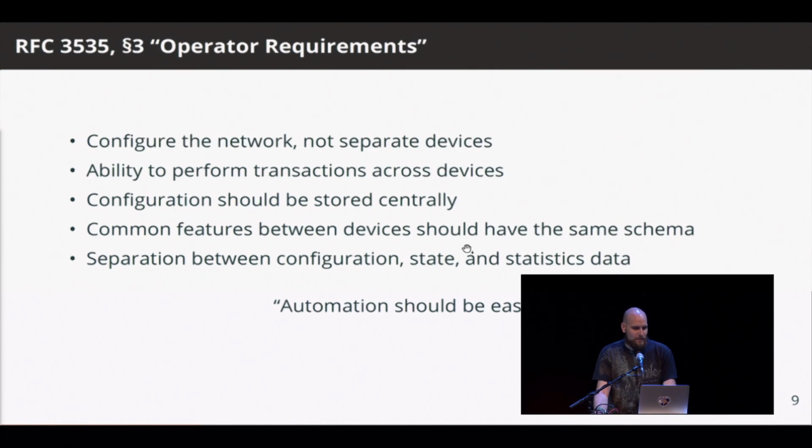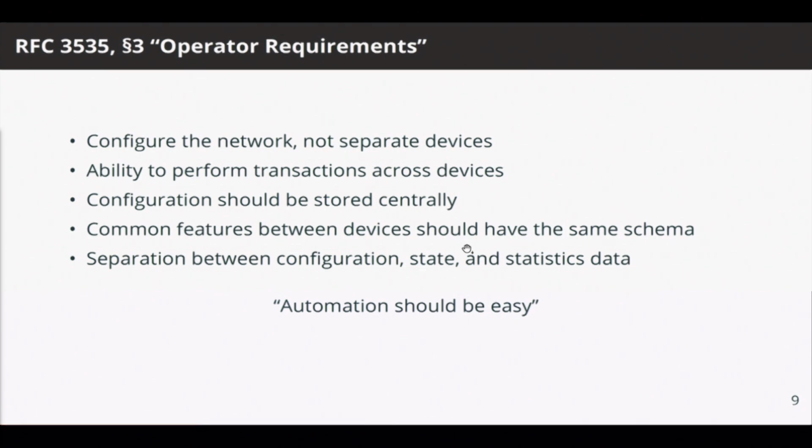So a couple of years ago, I think this is from 2002, in RFC 3535, I can highly recommend people reading this RFC. It is called Overview of the 2002 Internet Architecture Board Network Management Workshop.